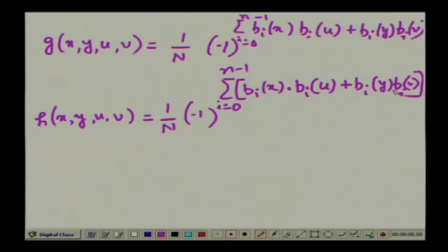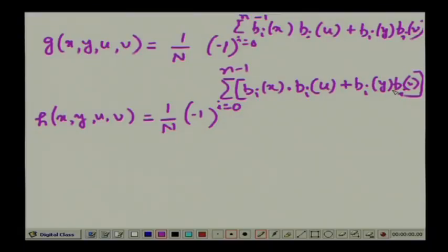So, you find that the forward transformation kernel and the inverse transformation kernel in case of two dimensional discrete Hadamard transformation are identical. That enables us to use the same algorithm or same program to compute the forward transformation as well as the inverse transformation.